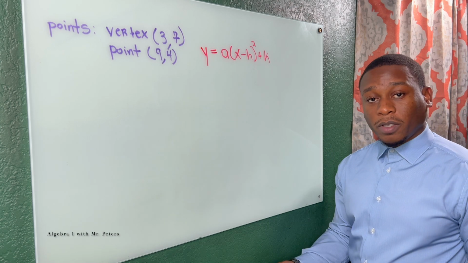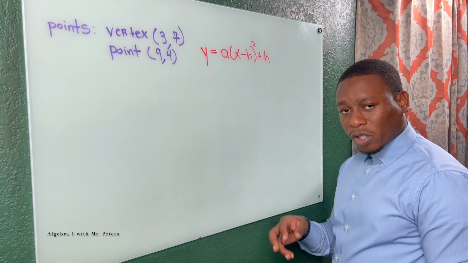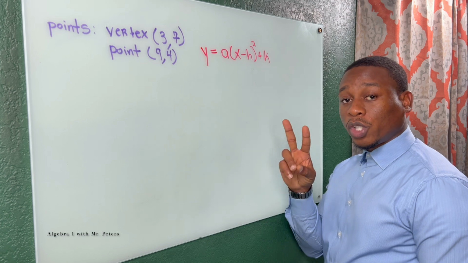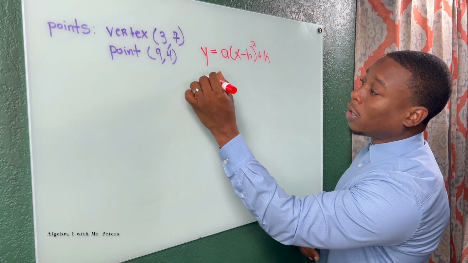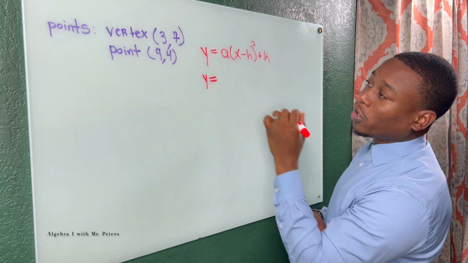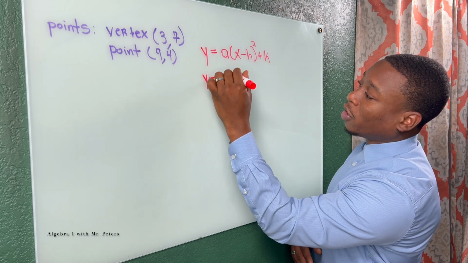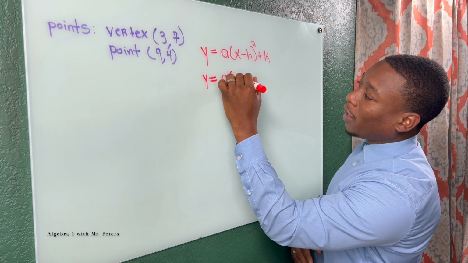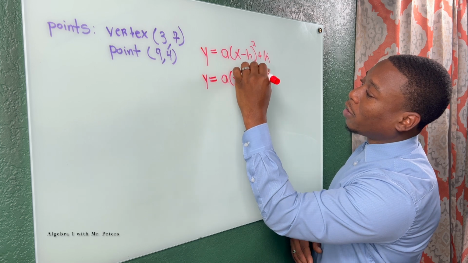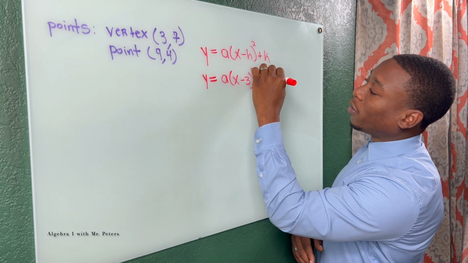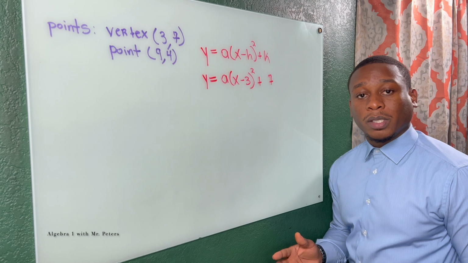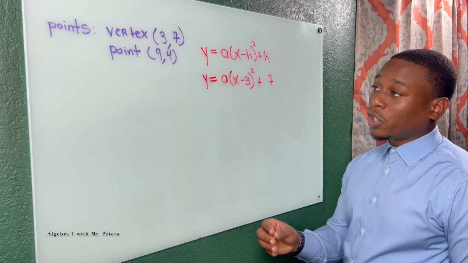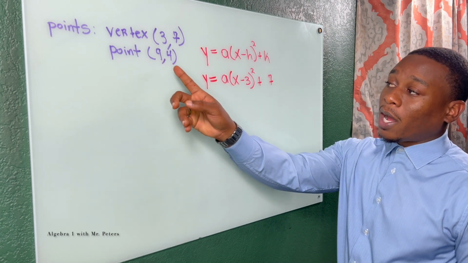So when we're solving this and trying to come up with the equation, we're going to use substitution in 2 different steps. So the first step, we're just going to substitute the vertex in. So we have a times x minus 3 squared plus 7. That's the first substitution. Now the second substitution is going to come from the point 9, 4.